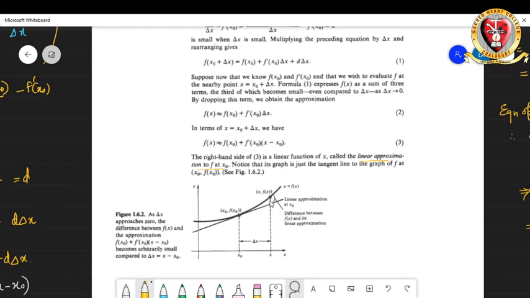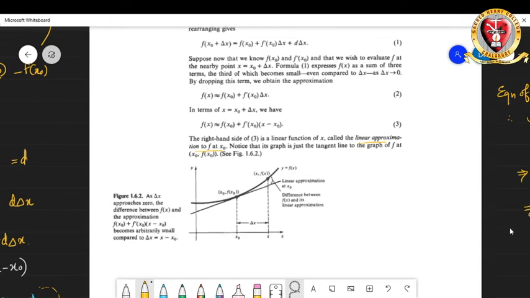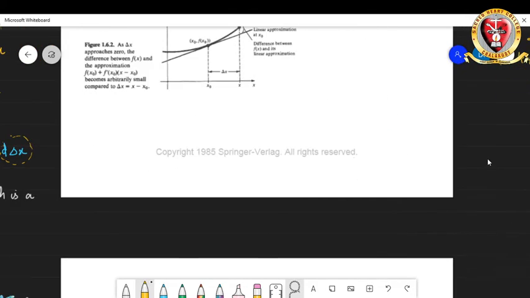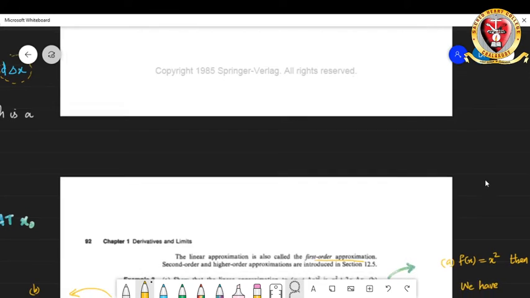That means you have the difference between f of x and its linear approximation sitting here. Okay, this line is nothing but the linear approximation of the function at x naught, which is nothing but the tangent line.